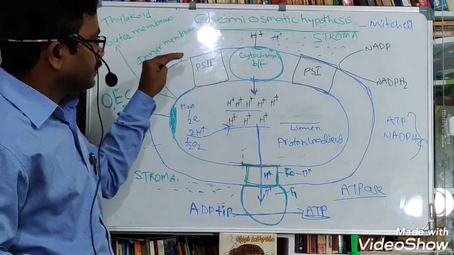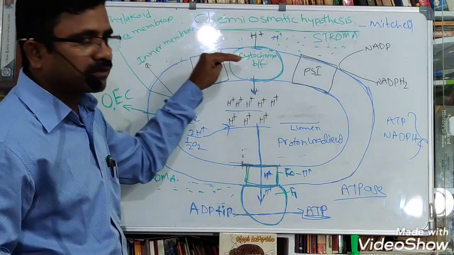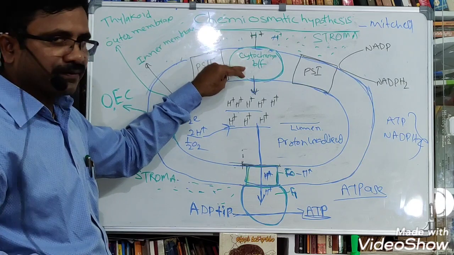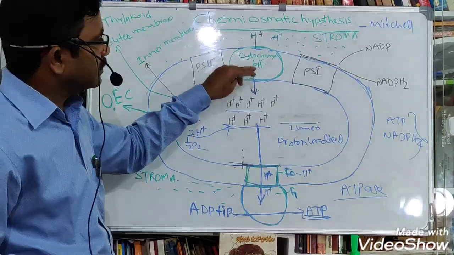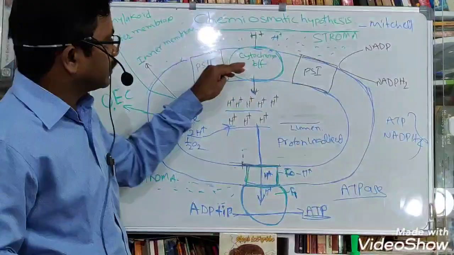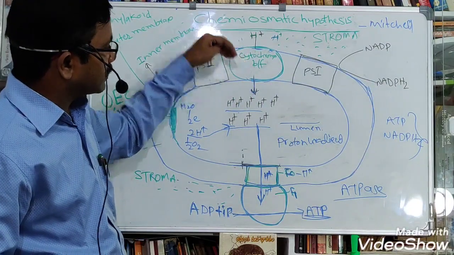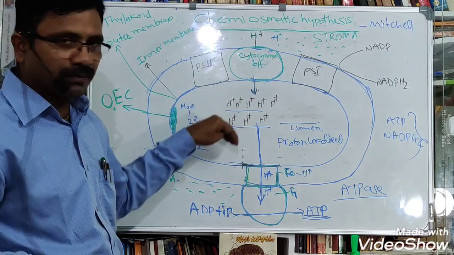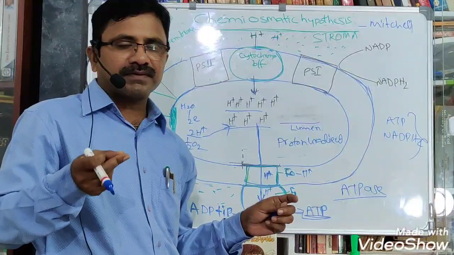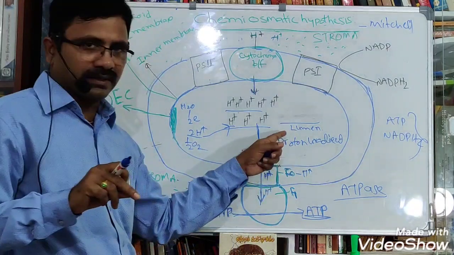While electrons move through the electron transport system, the cytochrome B6F complex absorbs protons from the stroma. This cytochrome B6F complex pumps protons into the lumen. What is the lumen? The empty space, the space of the thylakoid, is known as the lumen.